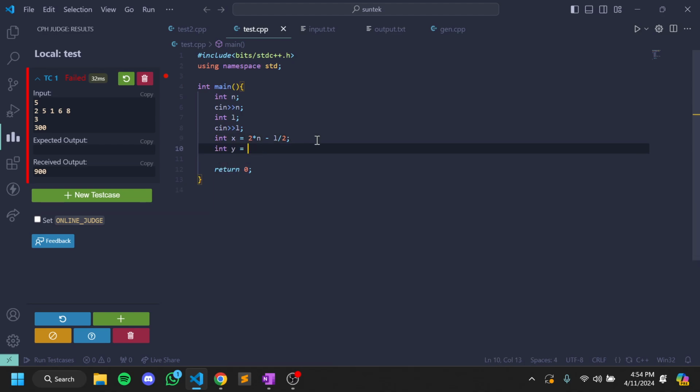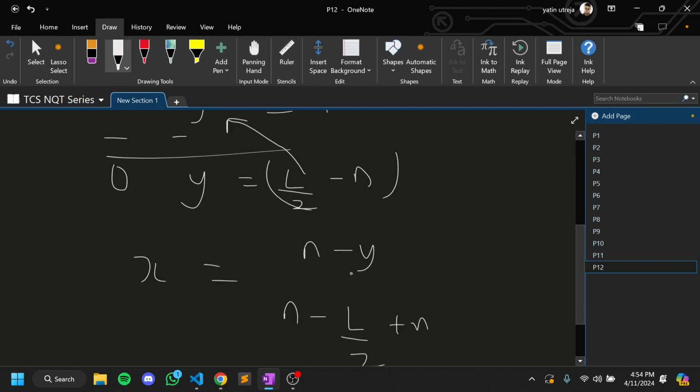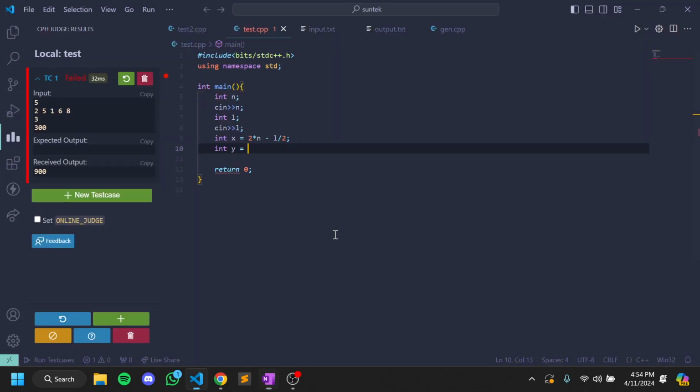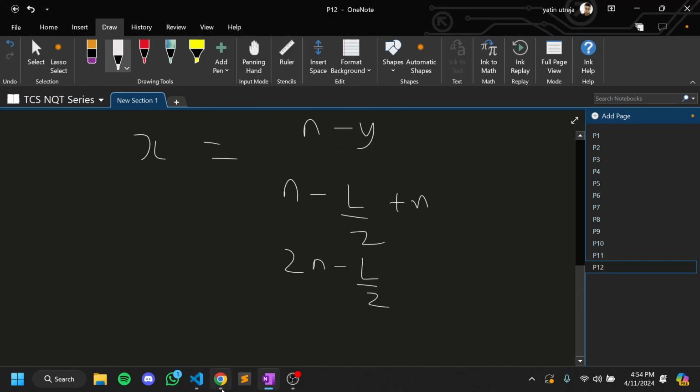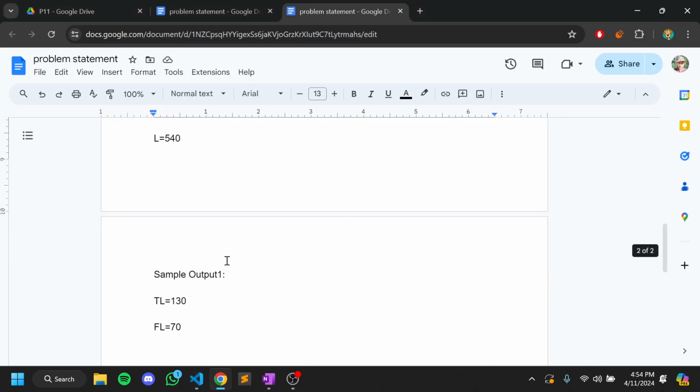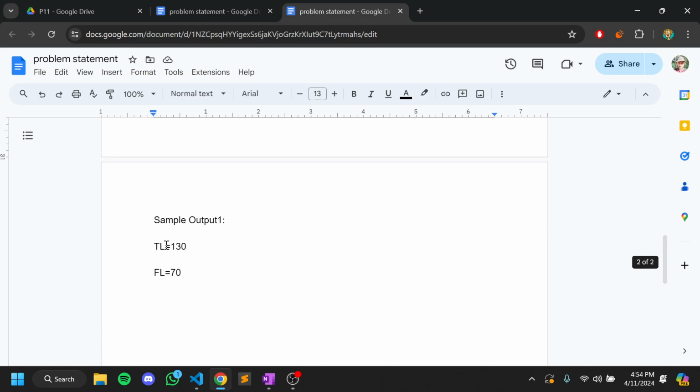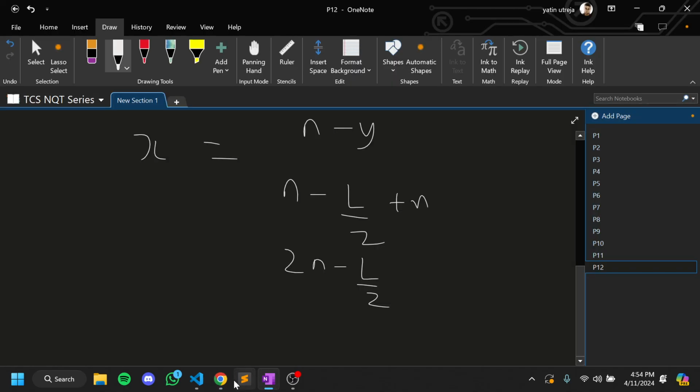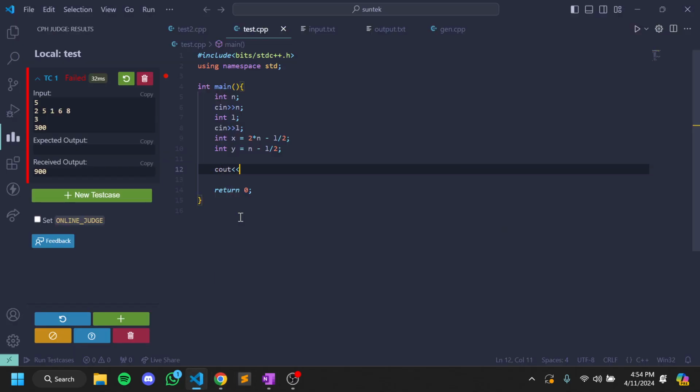Then y is basically L over 2 minus n. Our task is to print them in this fashion: the first line should be two-legged animals and the next line should be four-legged.